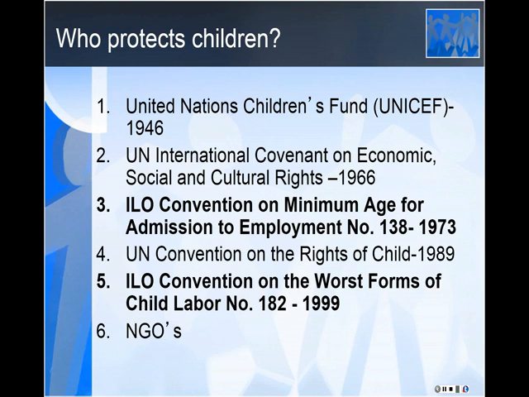The UN International Covenant on Economic, Social, and Cultural Rights mentions the work and the age of work. The ILO Convention on Minimum Age for Admission to Employment, the UN Convention on the Rights of the Child. This is the UN Rights Convention that the United States is not a party to. And then we have the ILO Convention on the Worst Forms of Child Labor, as well as NGOs.